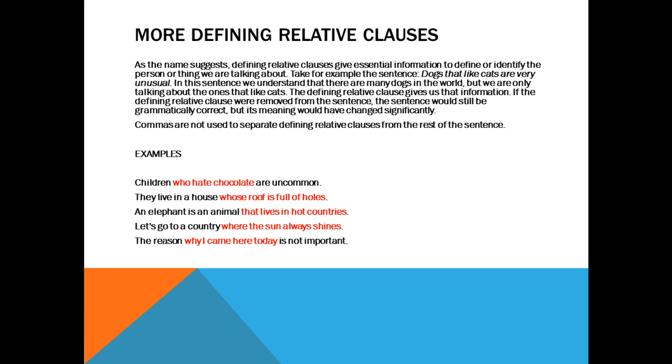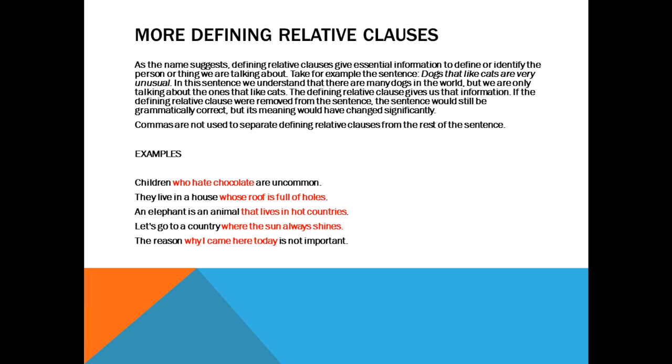More defining relative clauses. As the name suggests, defining relative clauses give essential information to define or identify the person or thing we're talking about. Take, for example, the sentence, "Dogs that like cats are very unusual." In this sentence, we understand that there are many dogs in the world, but we are only talking about the ones that like cats.